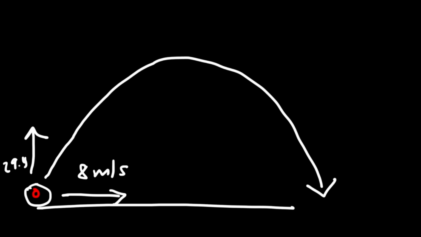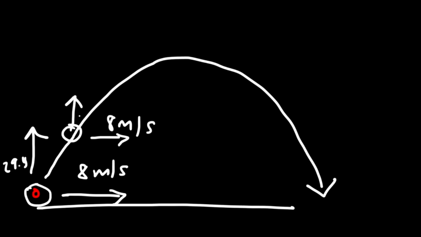What's going to happen 1 second later? What's going to happen to Vx and Vy? It's important to understand that Vx will not change for projectile motion. Gravity does not affect Vx, it affects Vy. So 1 second later, Vx will still be 8 meters per second.